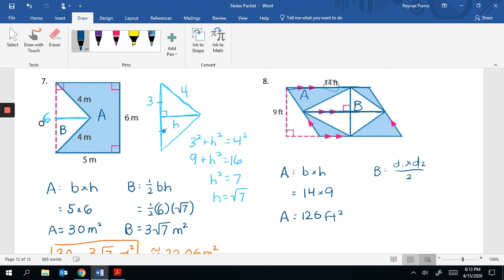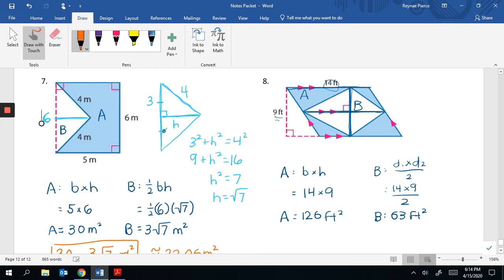The other diagonal is the height of that parallelogram, which was 9. So we are going to take 14 times 9 and divide it by 2. And that gets me an area of 63 square feet for that kite.